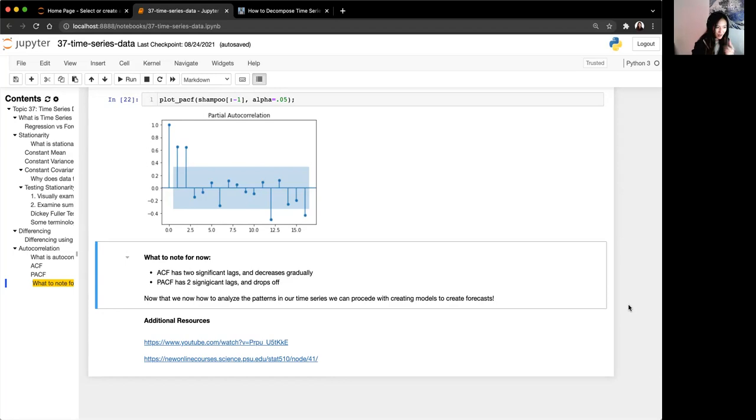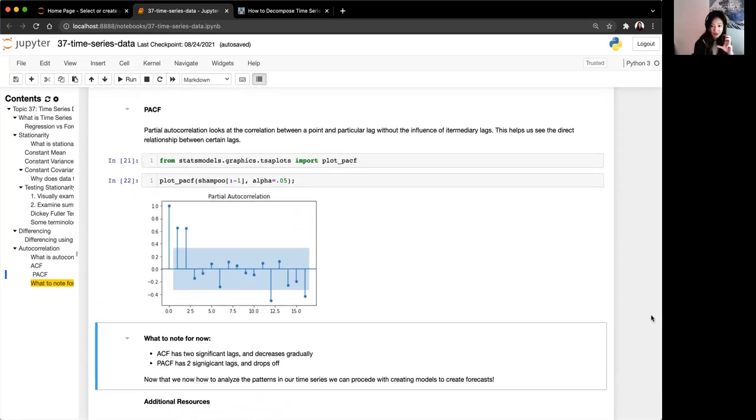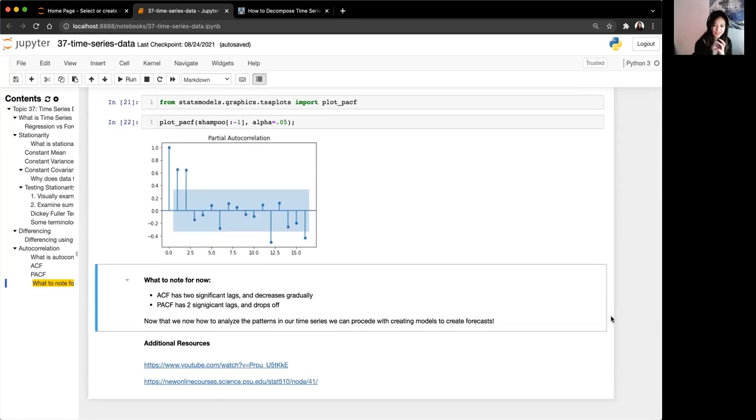And tomorrow I'm going to talk about a way where, if you don't care about EDA and you have a lot of time series to build, you can automate the entire time series process, but you don't learn anything out of automating the whole thing. So I'll share that tomorrow.